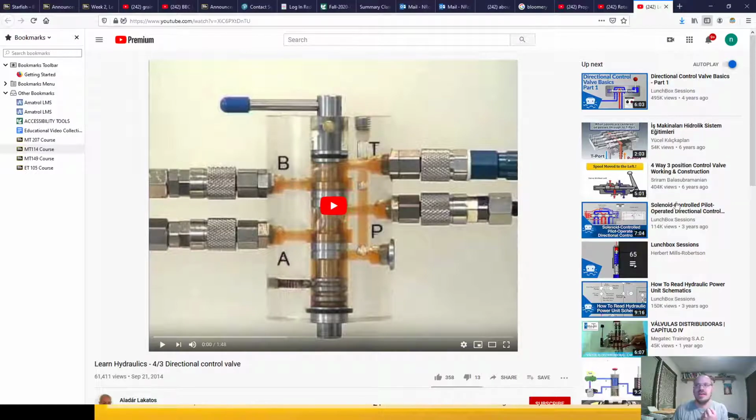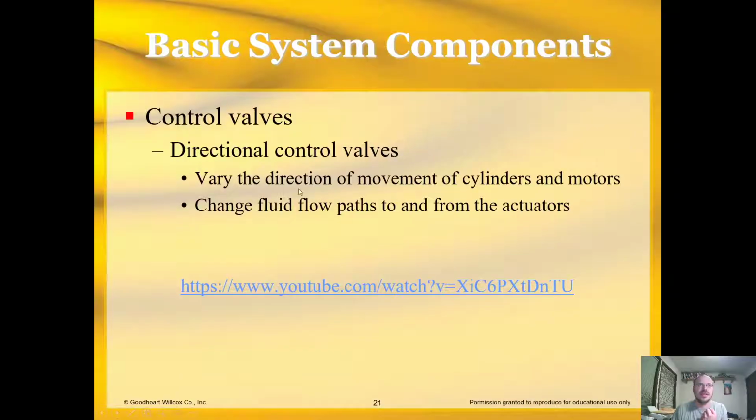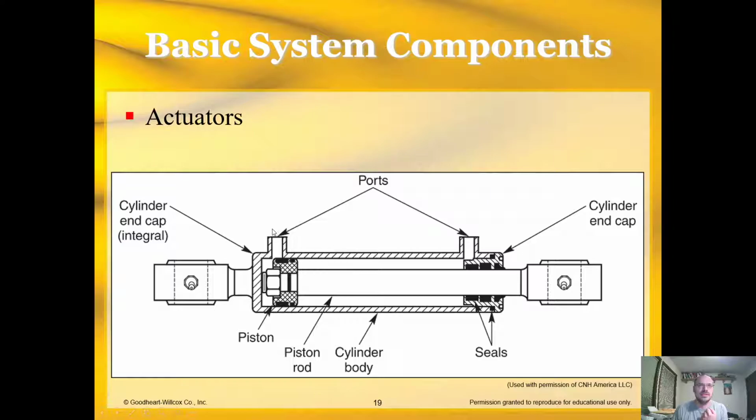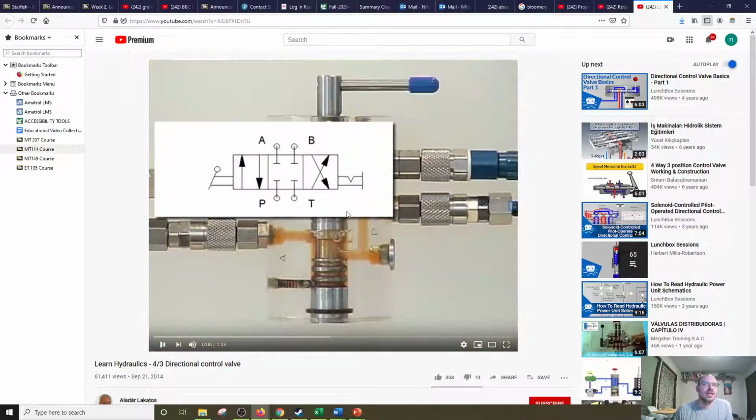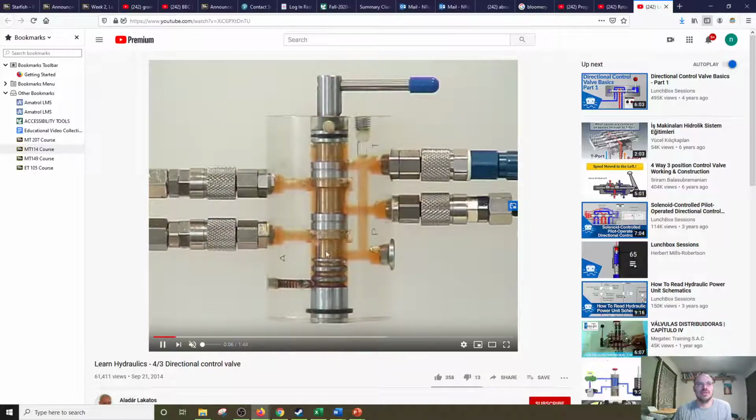We'll actually see how to read those schematics later on. But you can see the way this is flowing here, it's going back to tank. It's coming from our pump, going back to our tank, right?